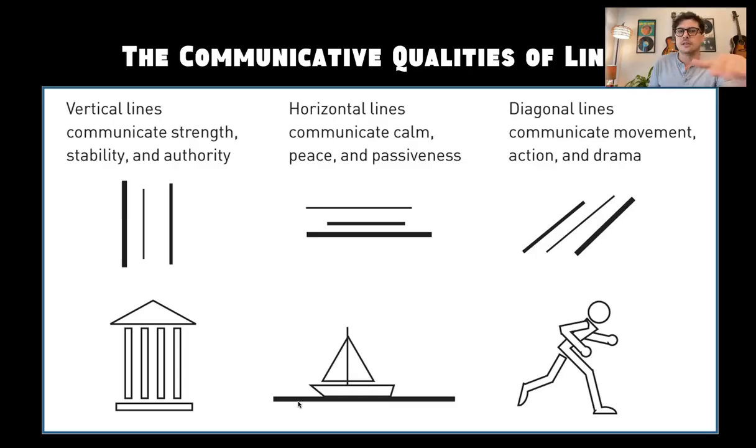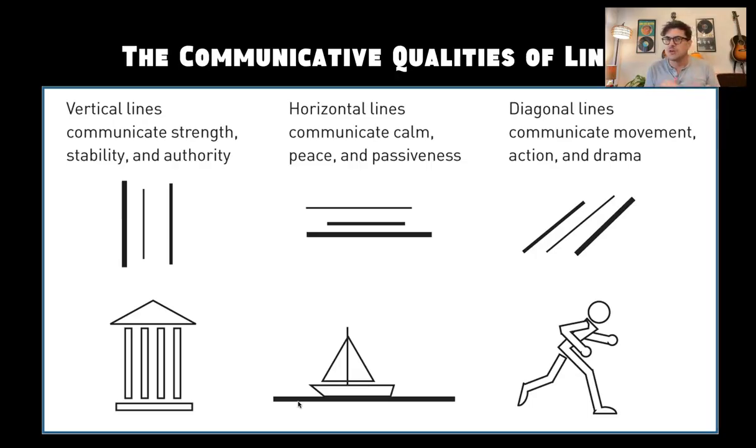A horizontal line can be communicated as calmness or passiveness, but it can also be extremely bone-chilling and cold, talking about death, right? This hard line between living and dying, or maybe life after life, good, bad, right? This ubiquity of good and evil.